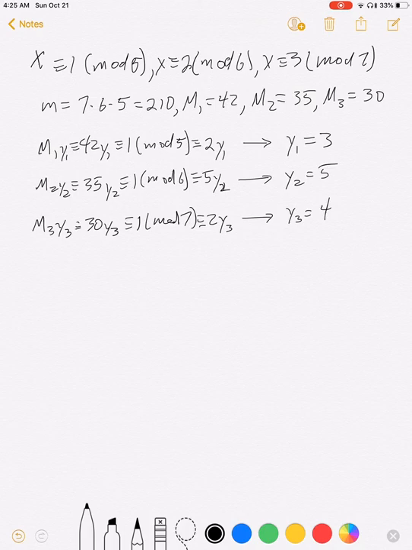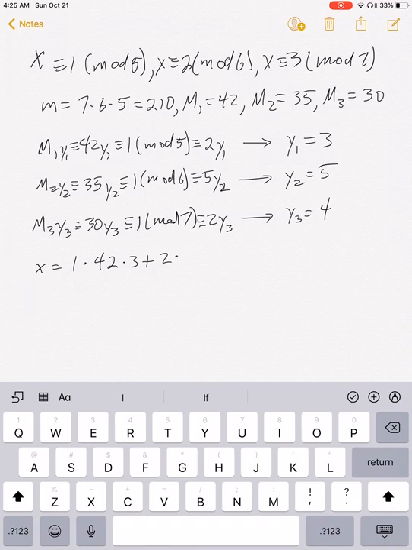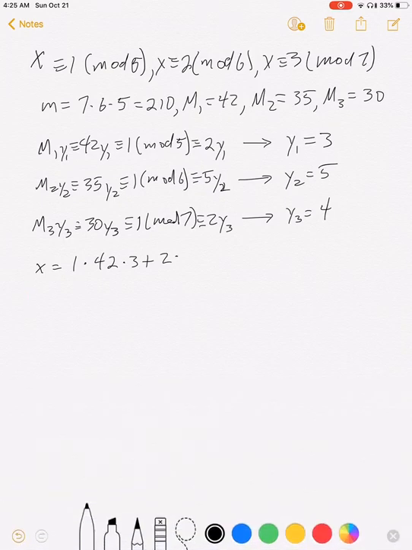And now I form my solution. X is going to be equal to 1 times 42 times 3 plus 2, the value that it's equal to under mod 6, times 35 times 5 plus 3 times 30 times 4.